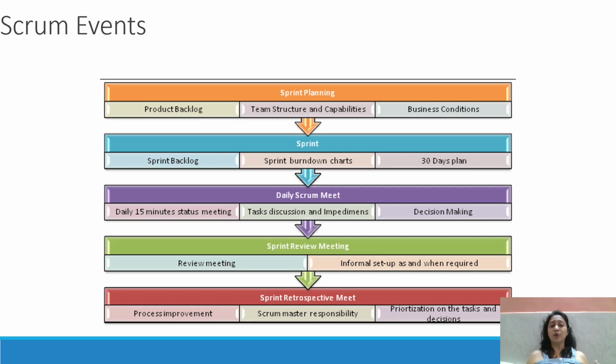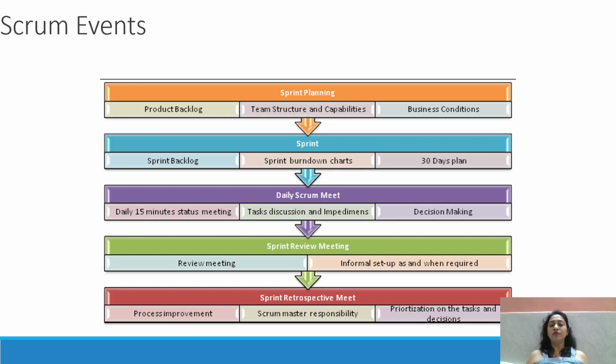We are going to discuss the business conditions, goals, and visions, and we are taking some features to develop, the user stories from the product backlog. In sprint planning, the artifact is the product backlog as an input, and the output should be a sprint backlog.